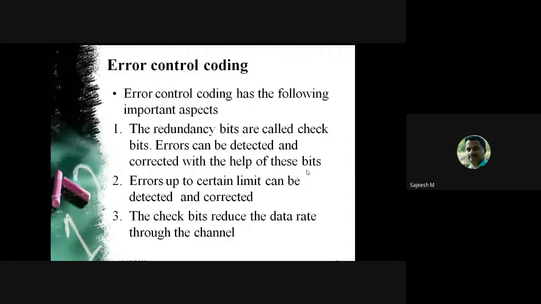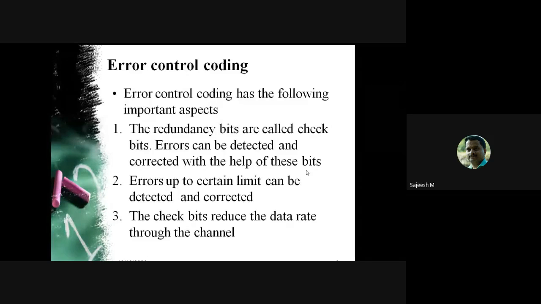Errors up to a certain limit can be detected and corrected. There is a limit. It is not possible to correct if more errors occur. There is a certain limit to how many errors can be detected and how many can be corrected.